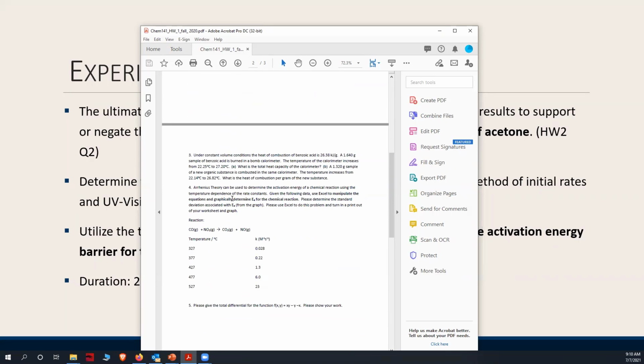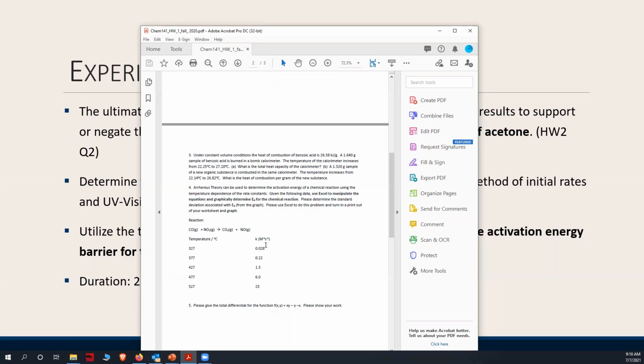Okay, so let's look at question 4. In question 4, you are given the rate constant at different temperatures. Remember, in this case, you made a plot using the rate constant and 1 over the temperature, right? In units of Kelvin, not Celsius.